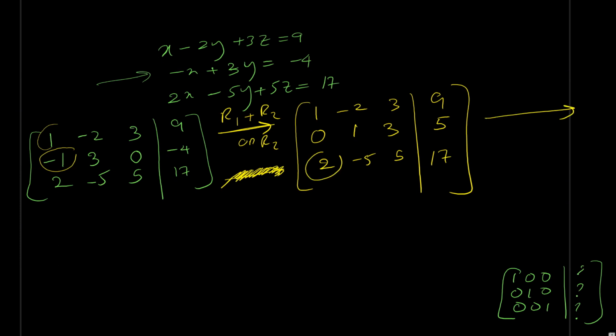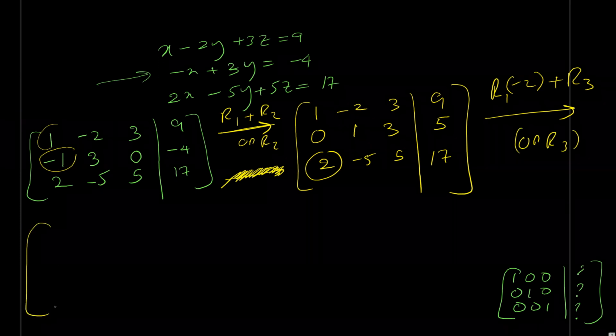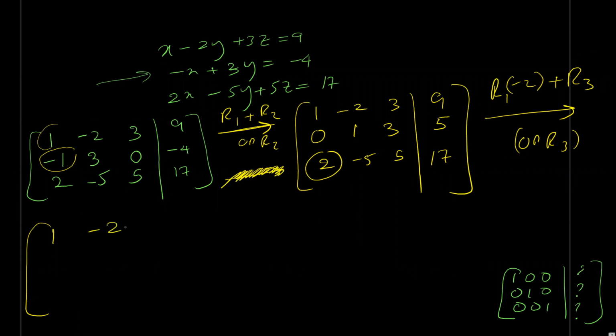Next, I would like to make this guy 0. So how about R1 times negative 2 plus R3 on R3. So when we do that, negative 2 times 1, negative 2, and we don't change this, so it's better to write them.